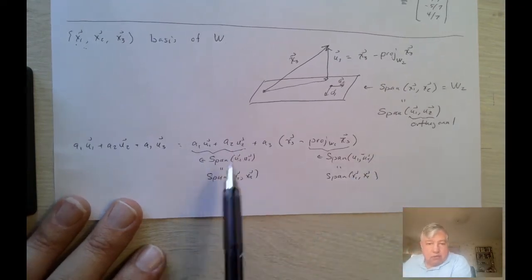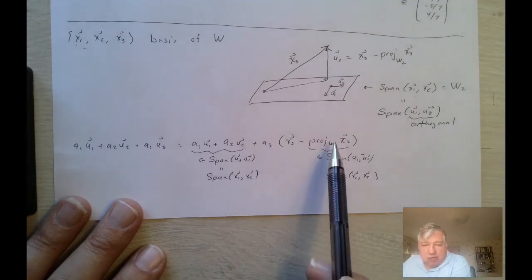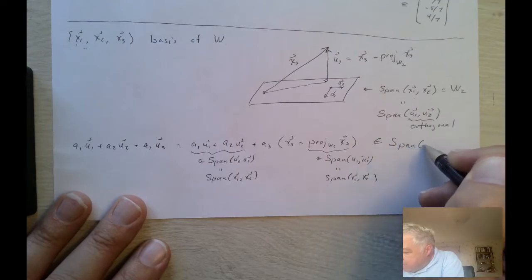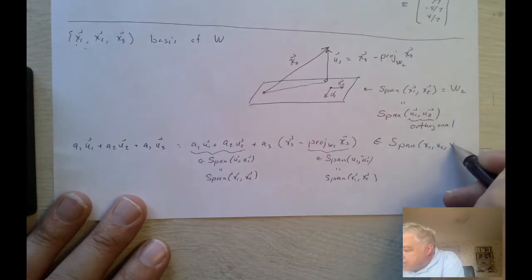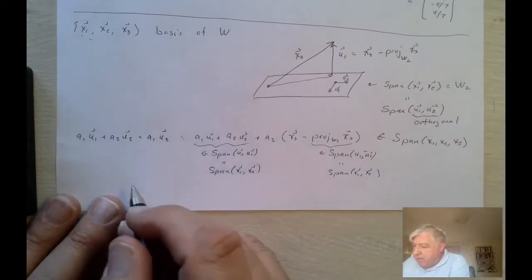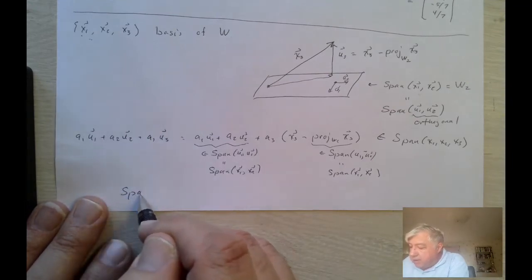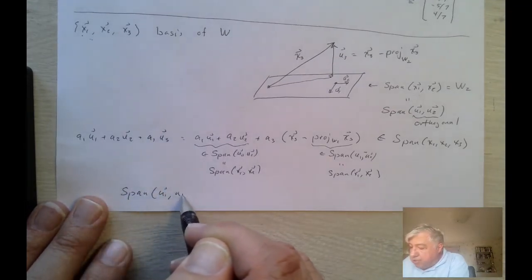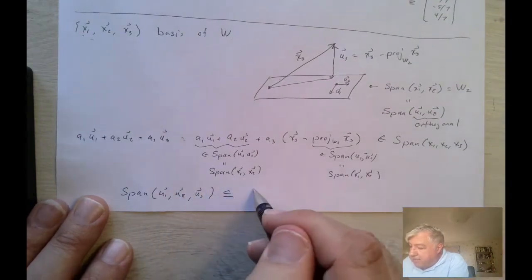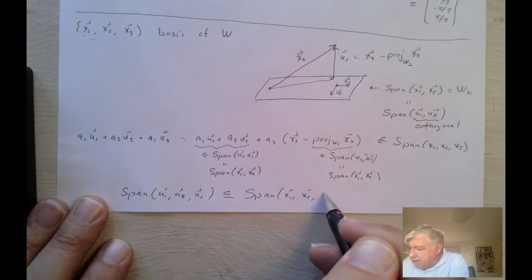Okay, so you have something in this span plus something times x3 plus something in the span of x1 and x2. So this is in the span of x1, x2, and x3. Okay, all right. So we get that the span of u1, u2, and u3 is contained in the span of x1, x2, and x3.